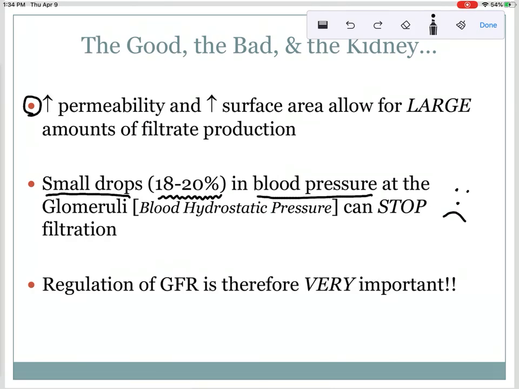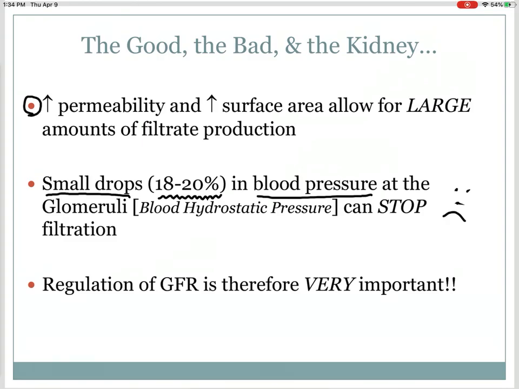The kidneys are not. As a matter of fact, if we have as little as an 18% drop in systemic blood pressure, the glomerulus will shut down. It's that serious. And it is for that reason, because the glomerulus is so susceptible to small drops in blood pressure, that this glomerular filtration rate and our ability to regulate the glomerulus in the kidneys is so important.